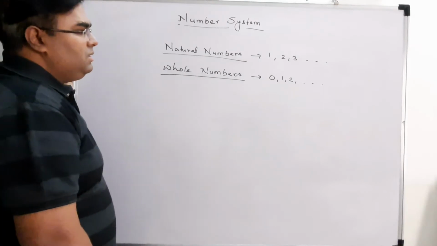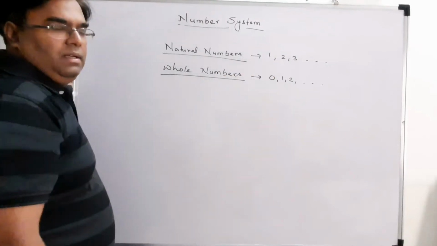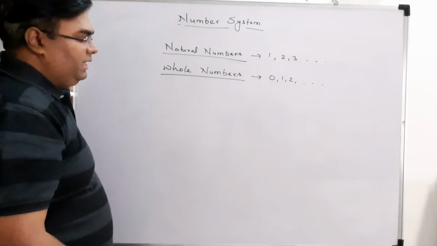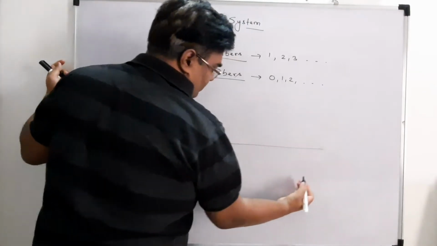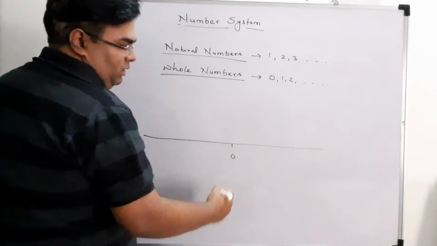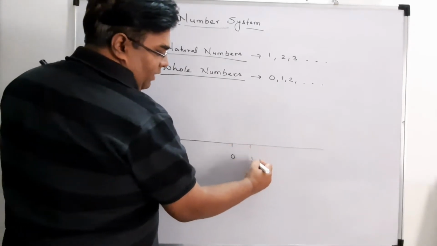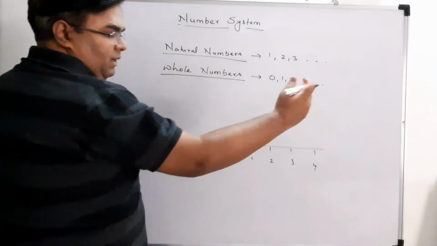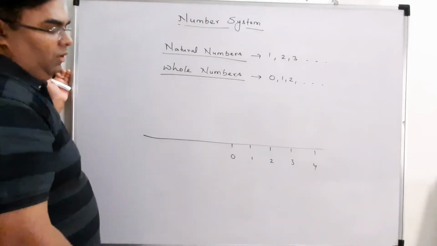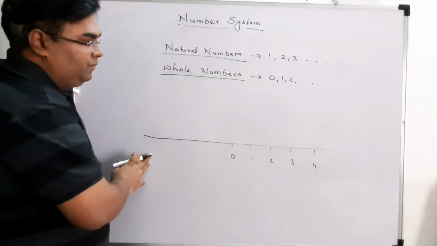Next, now we know how to represent these numbers, right? Suppose on a number line, this is 0. We have 1, 2, 3, 4, and so on. Now what is on the left hand side of the 0?